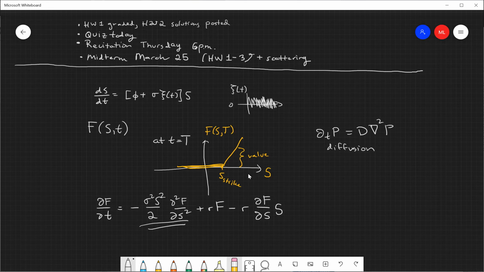So it's different. The amount you make is reversed, right? So you make the difference between the sell value and the current stock price.